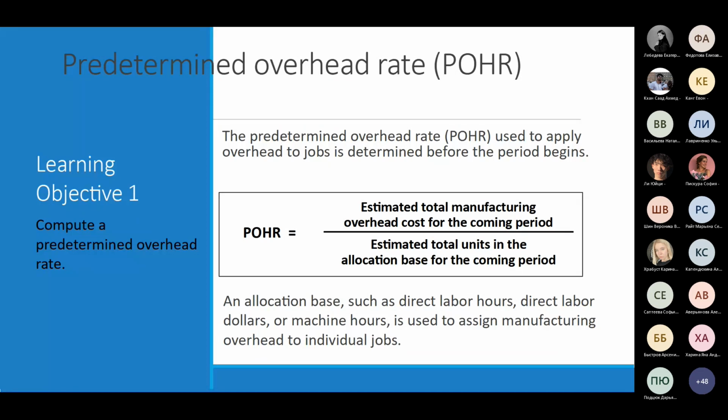To calculate this value, we need to divide the estimated total manufacturing overhead cost by the allocation base for the coming period. And the allocation base should be our cost driver, for example direct labor hours, direct labor dollars, or machine hours, any allocation base that is driving our total cost.